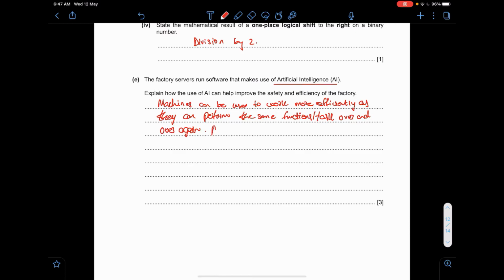So, and the other part is that artificial intelligence can make use of their mistakes by learning from them and improving their efficiency.